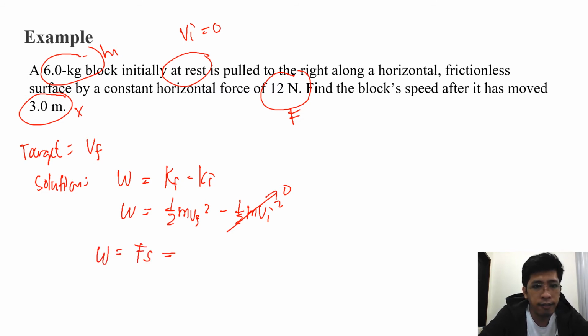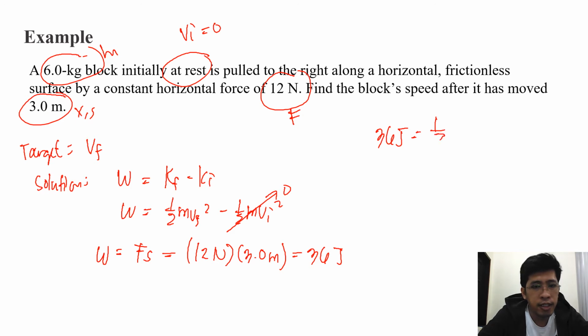So we have some displacement x or s. You have 12 newtons times 3 meters, which is equal to 36 joules. So you have 36 joules equal to 1/2 times the mass of 6 kilograms, and then your Vf squared.